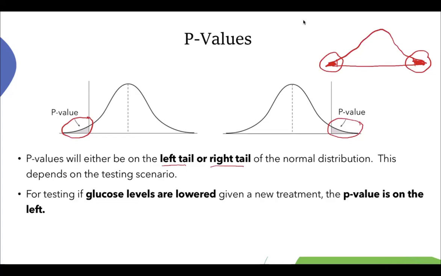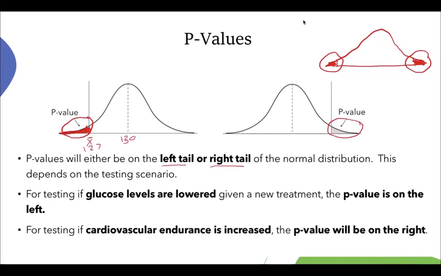For testing glucose levels are lowered, giving a new treatment, we worked with the p-value on the left because we were dealing with x bar on the left side of 130. It was a 127. And we were looking to see if the probability was lower than 127.